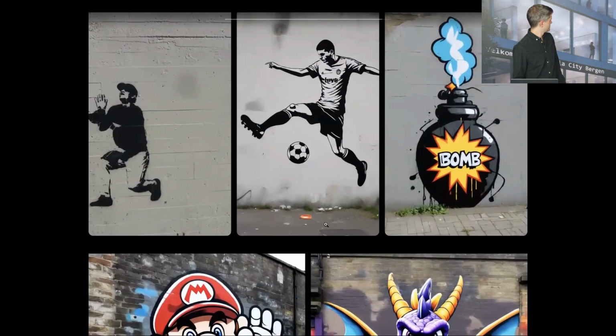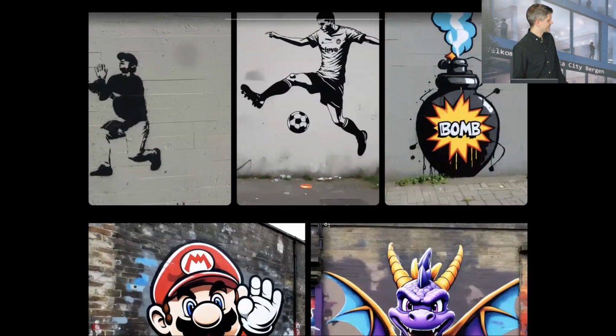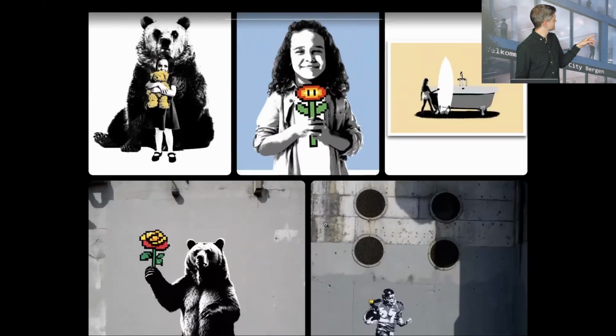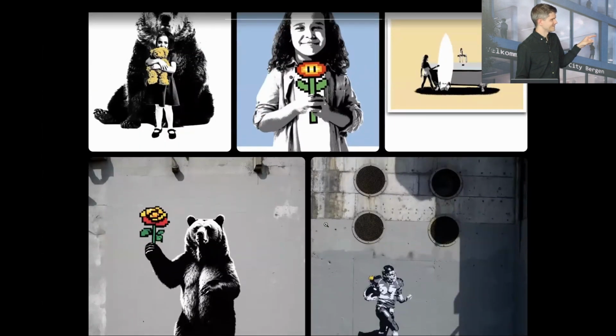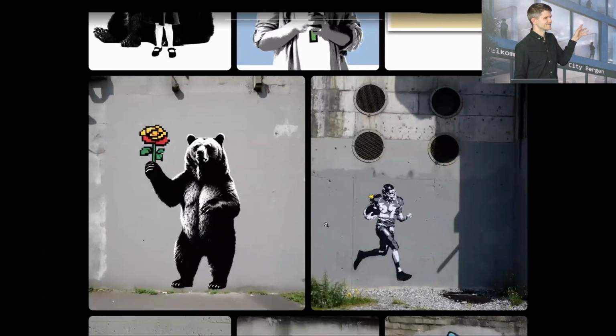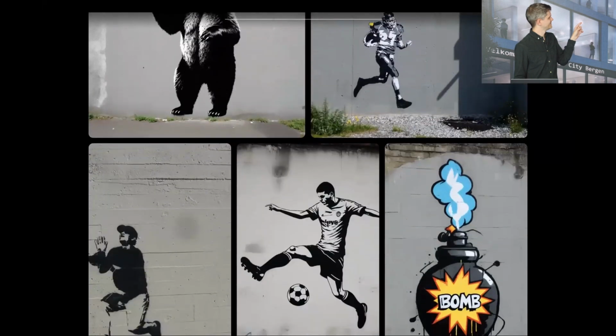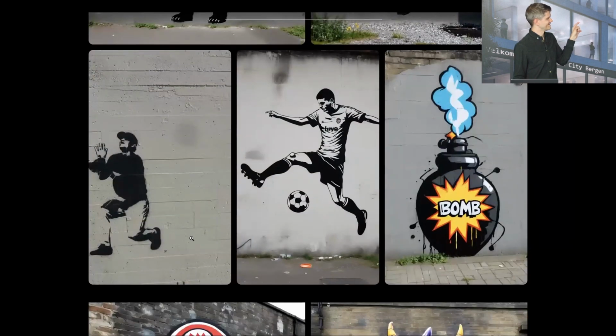And that actually worked out pretty well, because not all of these images are his. You can probably see what is AI generated, or what's real in this. Which of these are real? Yeah, okay, good.